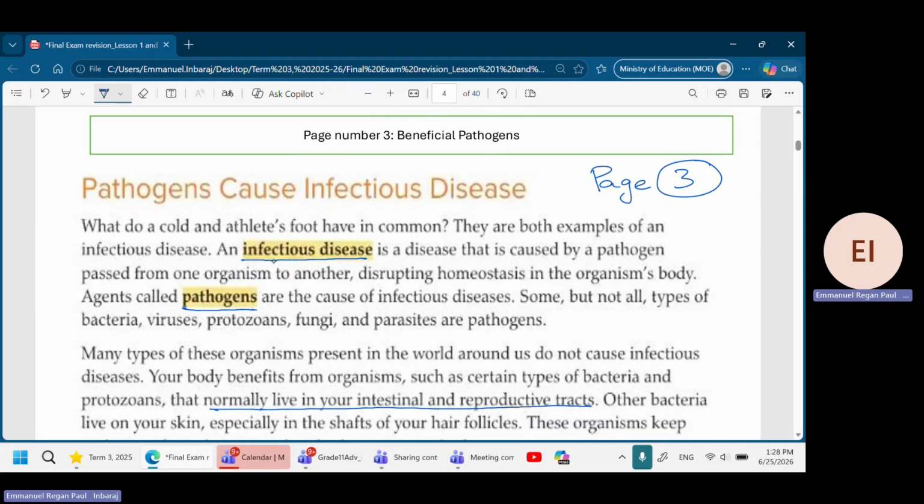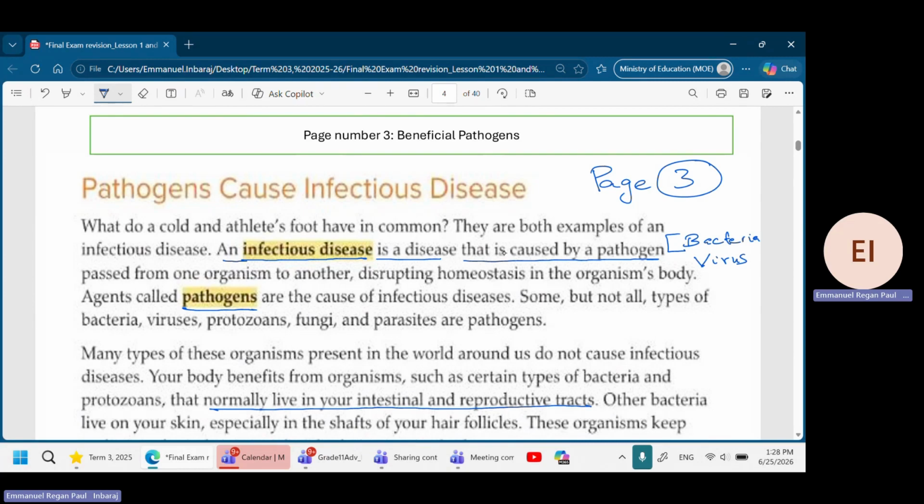Look at the definition. An infectious disease is a disease that is caused by a pathogen. So what are pathogens? For example, pathogens can be bacteria, viruses, protozoans, or parasites.